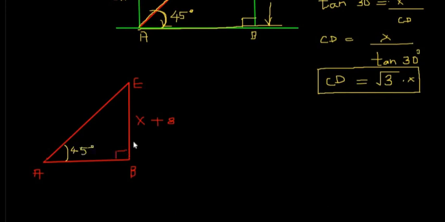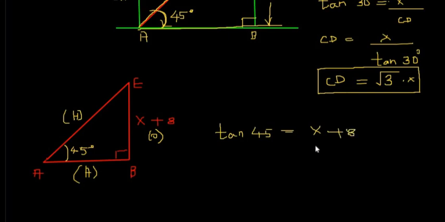Now again we'll start marking with the hypotenuse, opposite and adjacent. This is the hypotenuse, this is the opposite, and this is the adjacent. And here again we are going to use the tan. So tan of 45 degrees is equal to opposite, which is X plus 8, over adjacent, which is AB. Now let me again rearrange this.